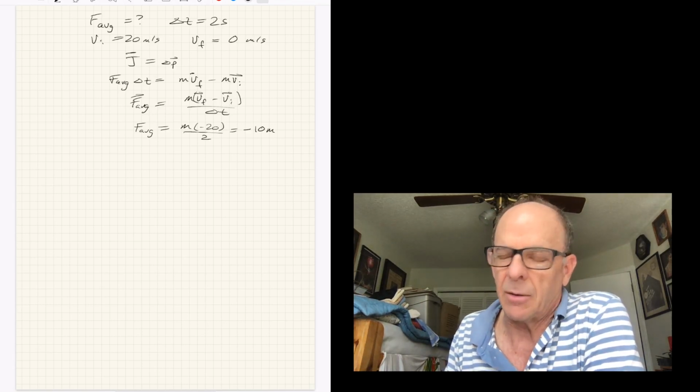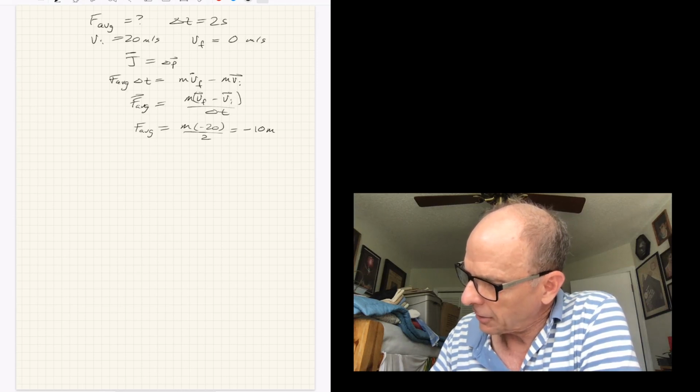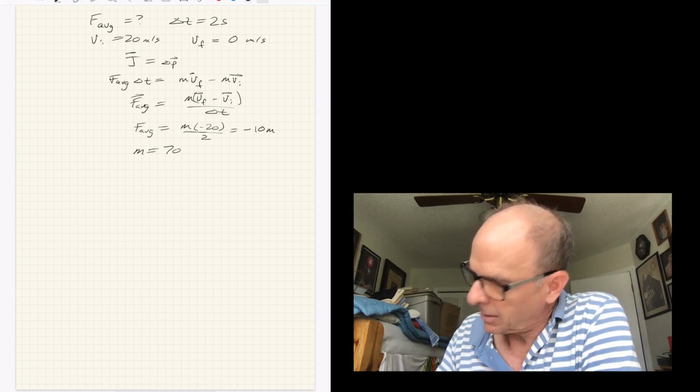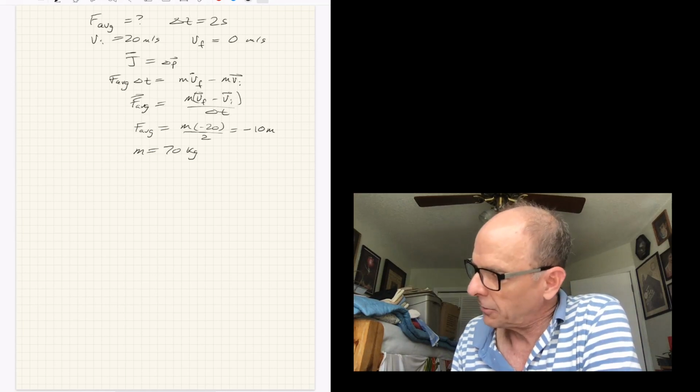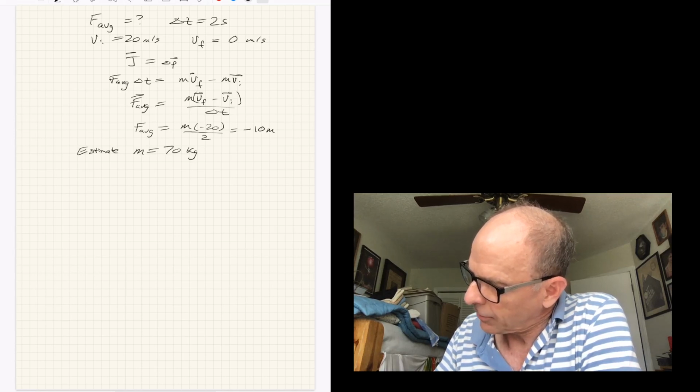I need to have an estimate for the mass. This is in SI units, so we'll take a mass of 70 kilograms. That's about 154 pounds. And that gives me an average force of minus 700 newtons.